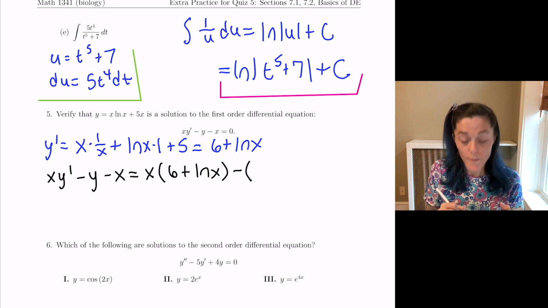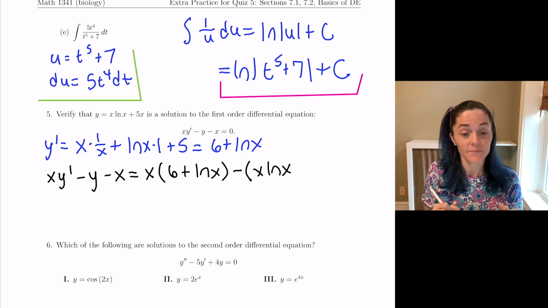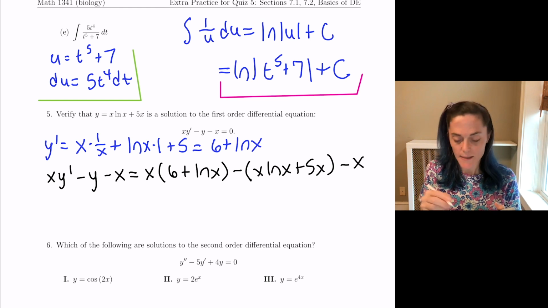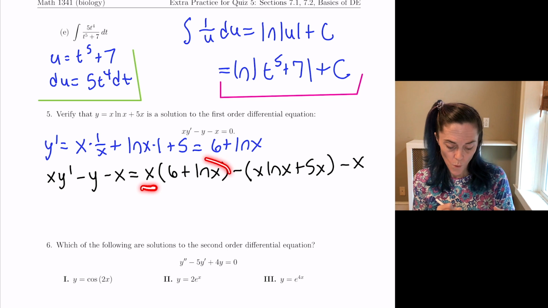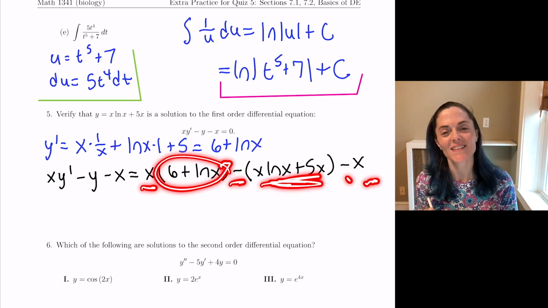So minus, we put in my entire function, x ln x plus 5x. And then we subtract x. Okay, I will say again what we have here. Here's x y prime, minus y minus x.